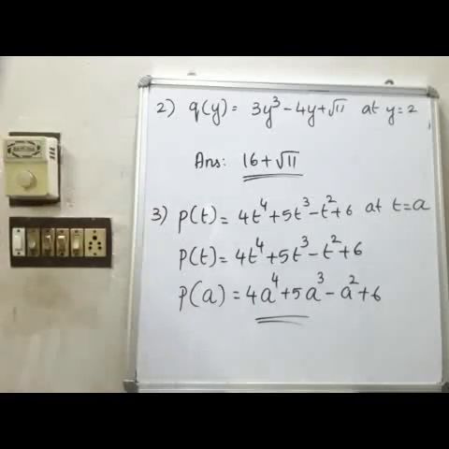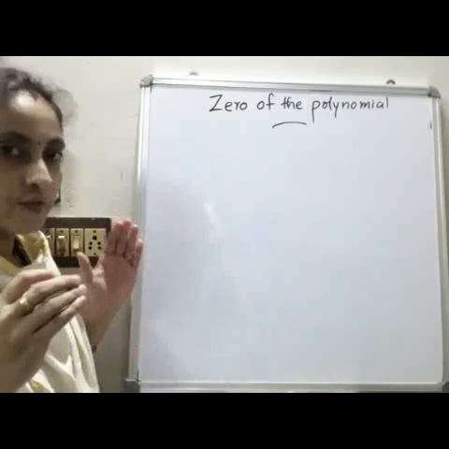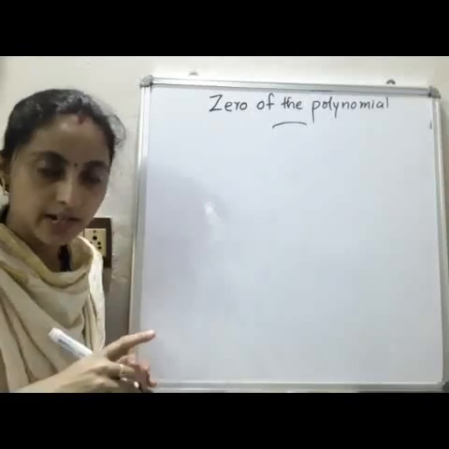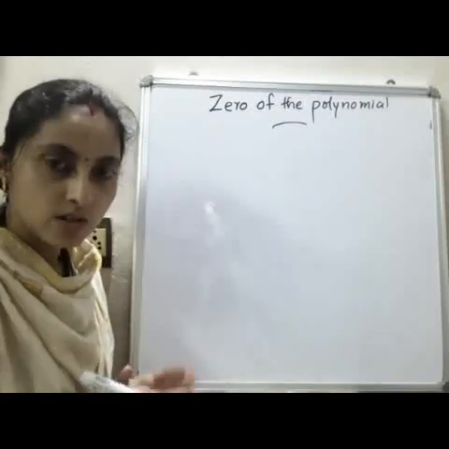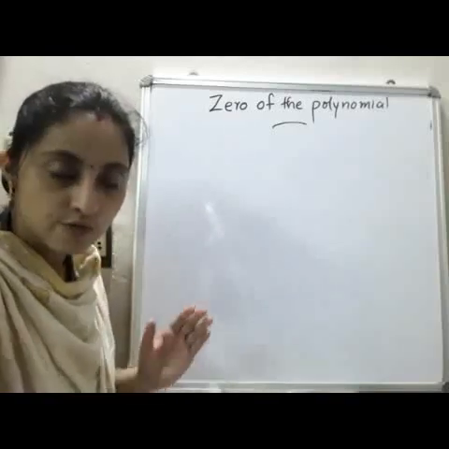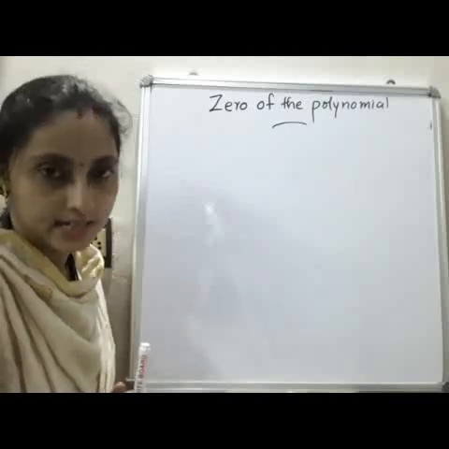So please write down the next heading. Next one is 0 of the polynomial. Okay, so don't confuse 0 polynomial and 0 of the polynomial. 0 polynomial means what? Just 0. 0 of the polynomial means for what value of x the polynomial is 0.